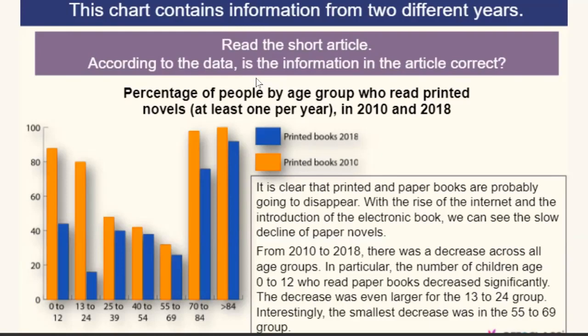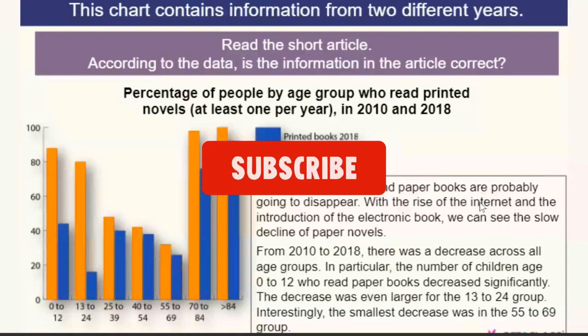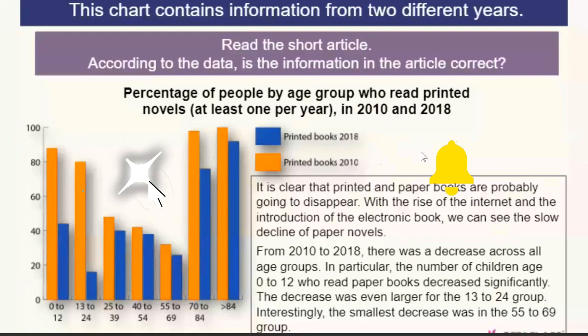It says at the beginning, it is clear that printed paper books are probably going to disappear. With the rise of the internet and the introduction of the electronic book, we can see the slow decline of paper novels.